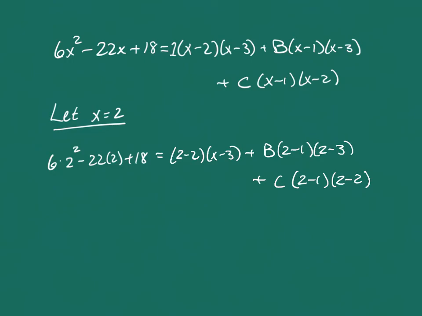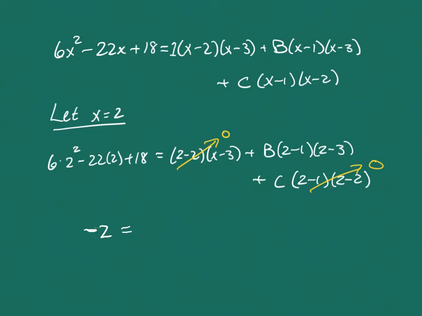So the same thing happens when I have my 2 minus 2's. Those go to 0. My 2 minus 2, that term goes to 0. And so I am just going to be left with a negative 2 over on the left. So I get a negative 2 over on the left.